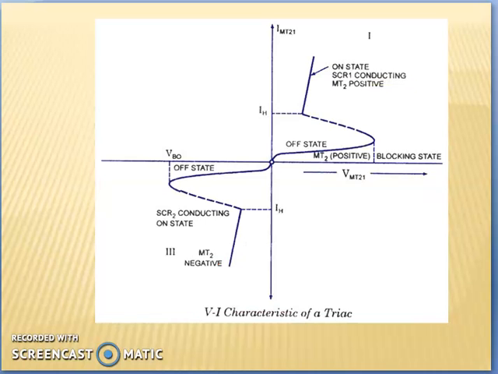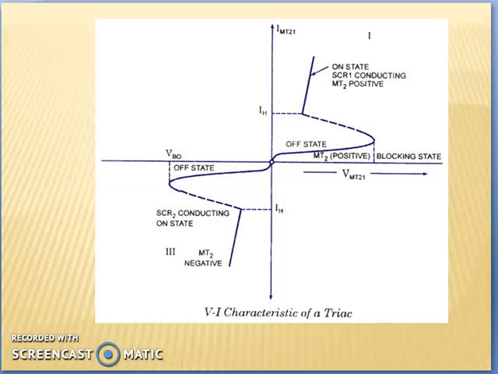Now here goes the voltage-current characteristics of the triac. Unlike the SCR, which conducts only in the first quadrant and not in the third quadrant, the triac conducts in both quadrants, that is the first quadrant and the third quadrant. So the characteristics of the triac are similar in the first as well as in the third quadrant.